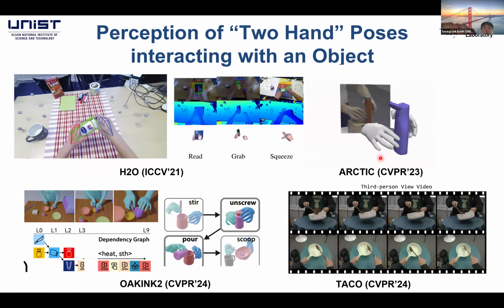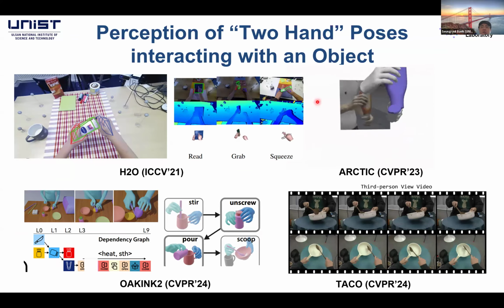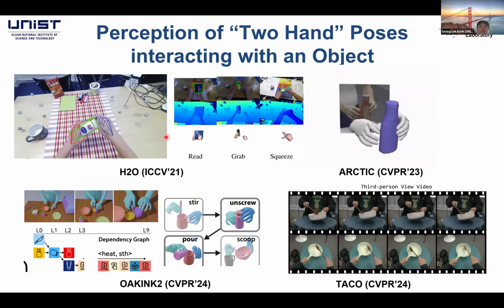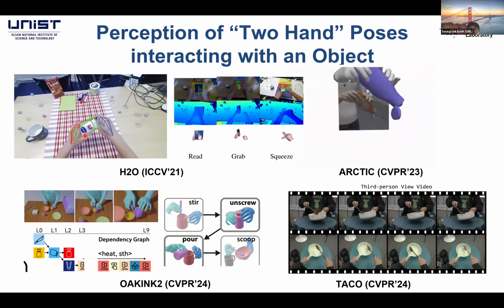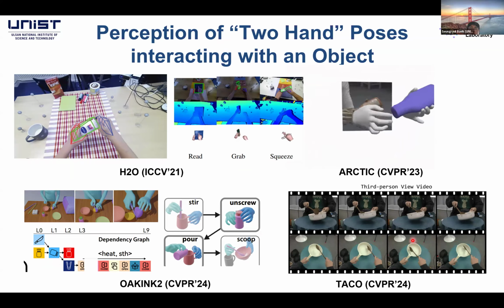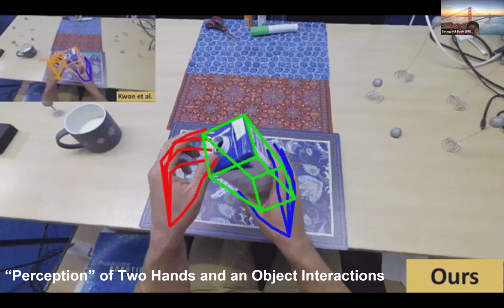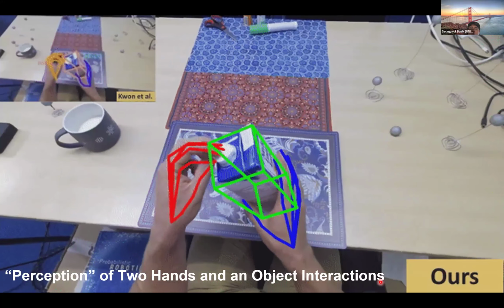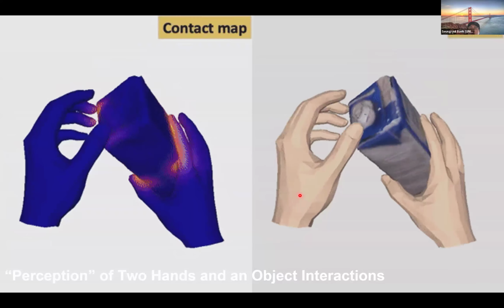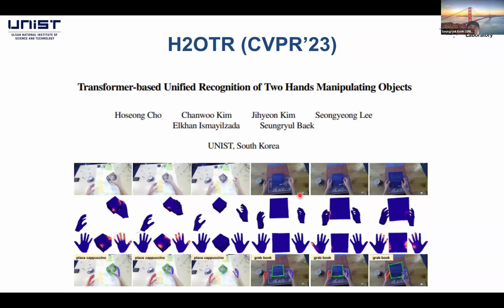And nowadays, the research trends have changed again, and people are increasingly dealing with two-hand and object interaction cases. There are many datasets proposed in this scenario, and this is the demo of our CVPR 23 work, called H2OTR.